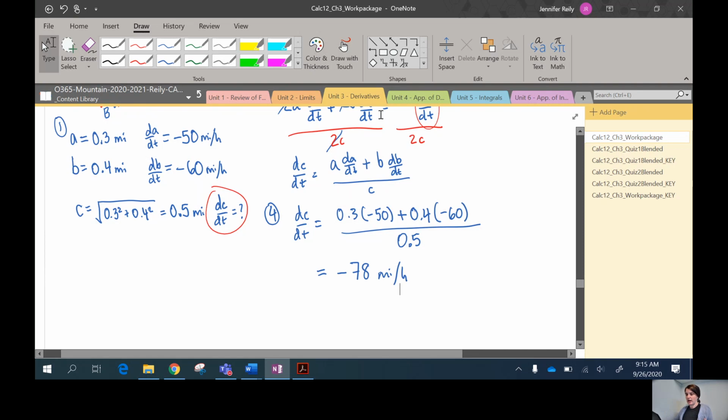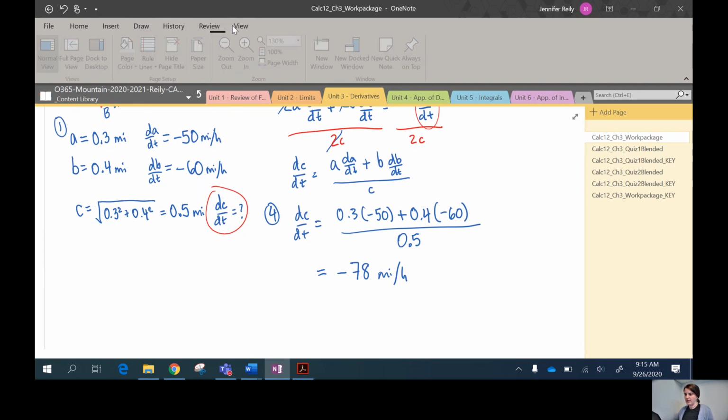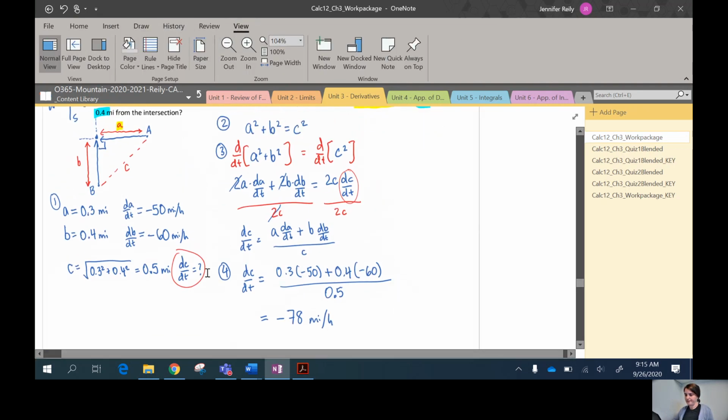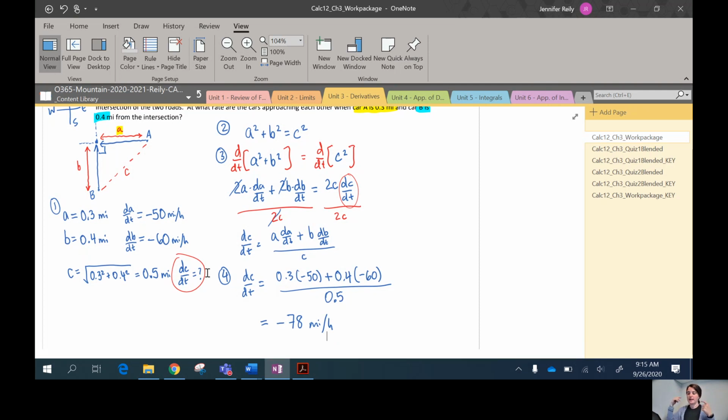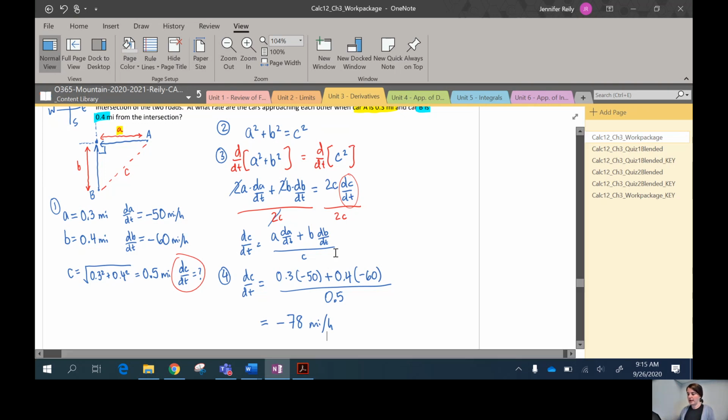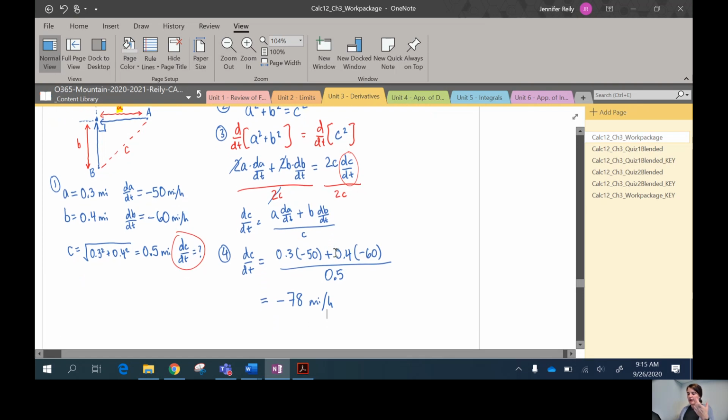Okay, and let's just check, should that answer be negative? So I'm just going to zoom out so we can see the whole question. Okay, remember the cars are getting closer together because they're traveling towards the intersection. So it makes sense that dC dt is negative because the distance C is decreasing. So negative rate means the distance or the variable is decreasing.